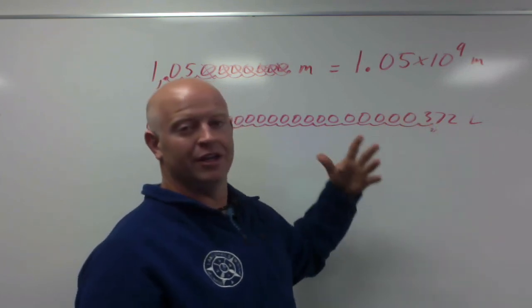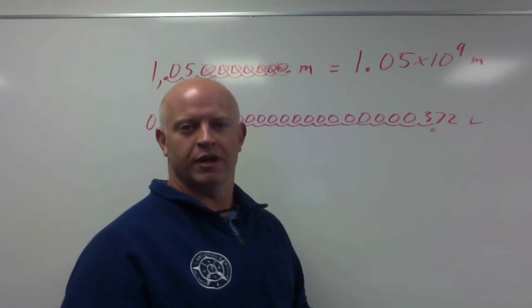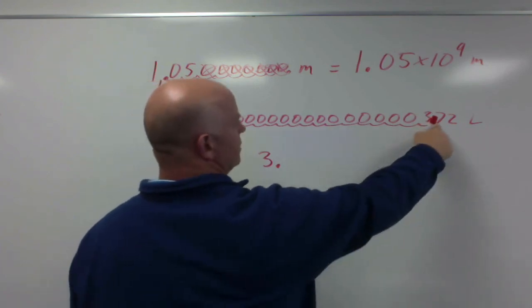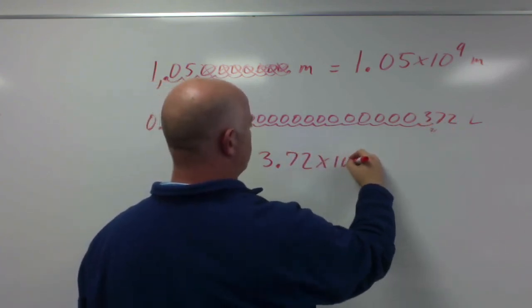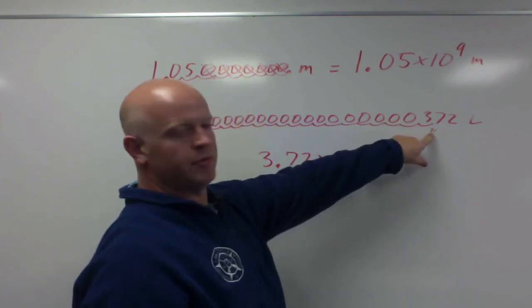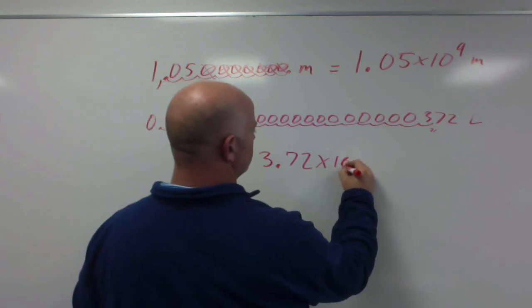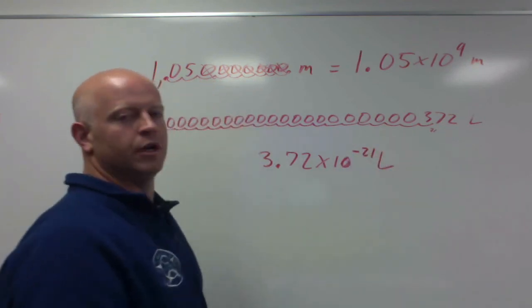It's not incorrect to go to here if you have a reason to do that, but that's not the standard way of doing it. So we end up having 3 point, leave the 7 and the 2, and that would be times 10, and I moved it 21 spots. Remember, we counted the 21, but since we moved it to the right, it's a negative 21 liters, okay?